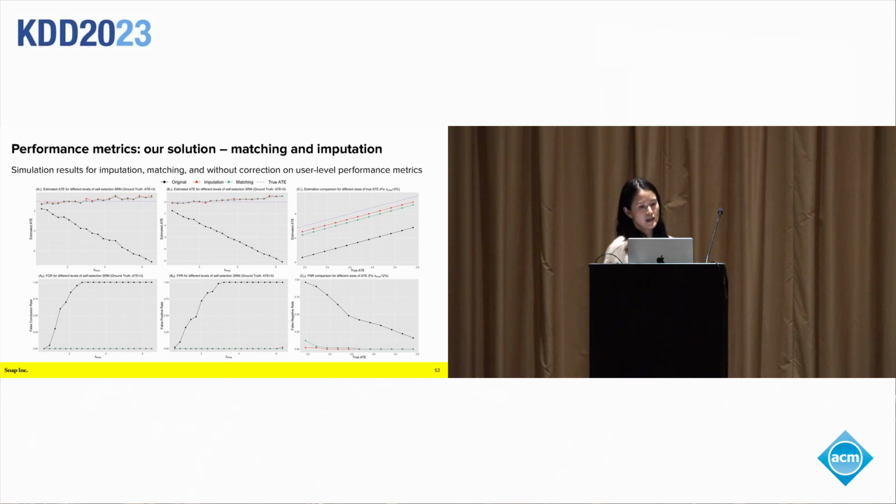We see that as the missing data problem gets bigger, the result from the without-correction method deviates from the true ATE significantly. But on the other hand, the green and red lines are the results of matching and imputation, and we see that they show a pretty good approximation to the ground truth.